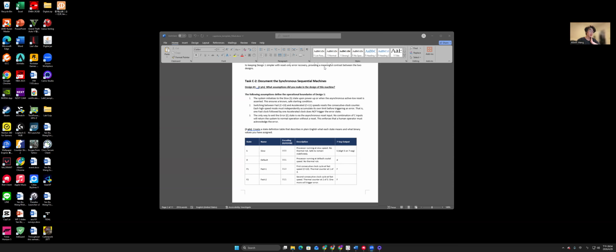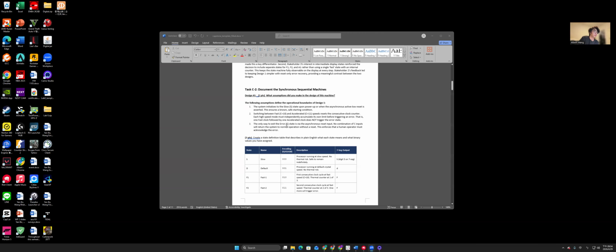Then I'll briefly describe both designs. My two designs are functionally different. Design one is a simpler D flip-flop design with reset-only recovery from the error state.